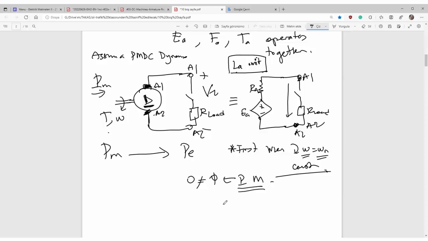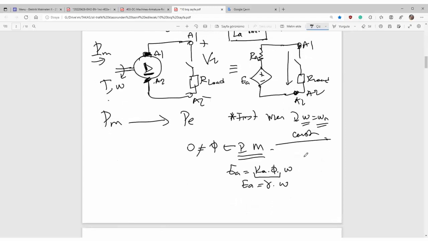Then the electromotive force will be Ka times flux times angular speed. Those two are constant, making gamma. Here is W, and armature EMF. Here you see a rotation, let's say W nominal, and that is constant due to permanent magnets. And then you will have an electromotive force induced here.